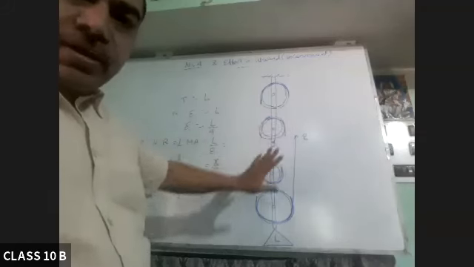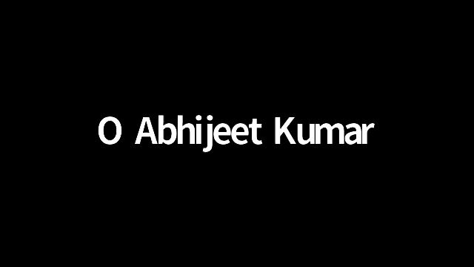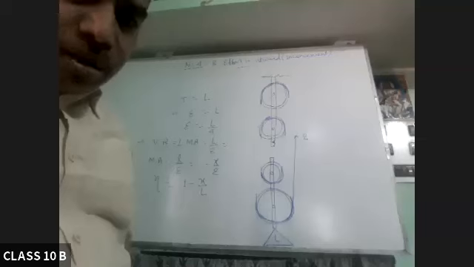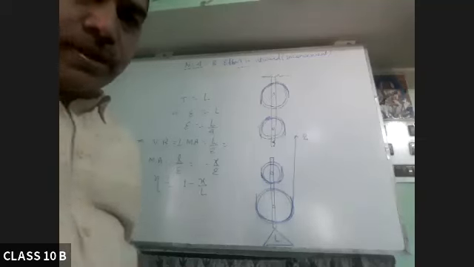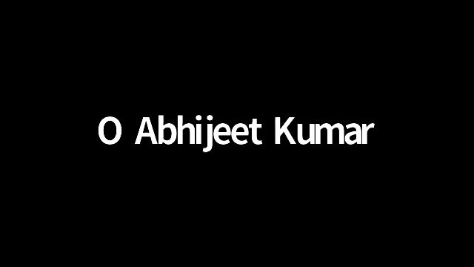Did you complete this? Yes, sir. How many tensions are balancing the load on the movable pulley? Four. Wrong. So which ones? This one, this one, the down one.